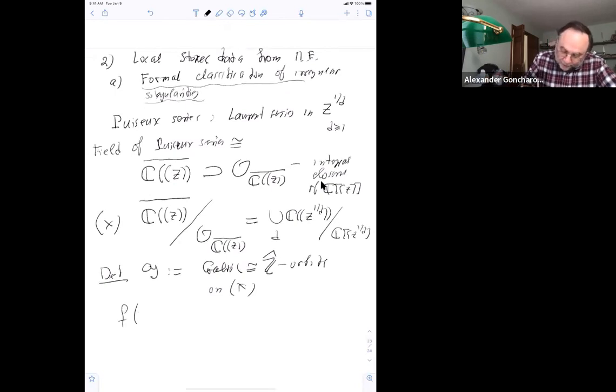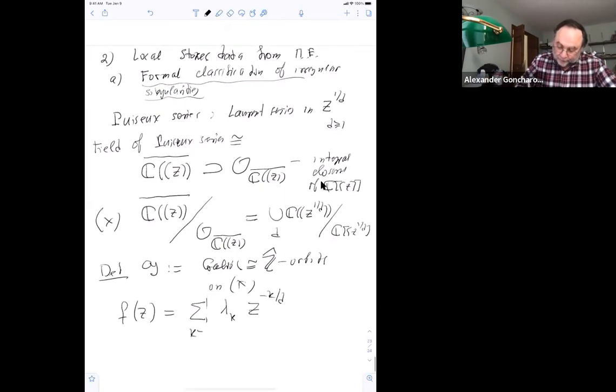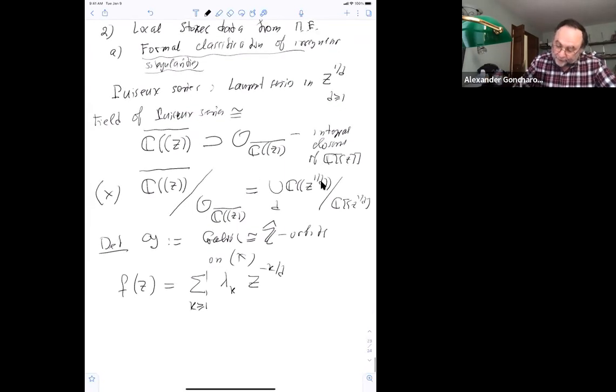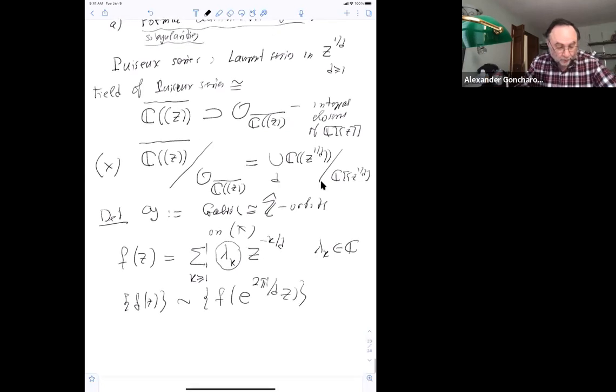And so in coordinates, you can write this Puiseux series in any concrete case as the sum of lambda k z to the minus k divided by D, and the sum over integers. And these lambda k's are any complex numbers. And then we declare that this f of z is equivalent to the one which sits on this Galois orbit, which is just f evaluated at exponent of 2 pi i divided by D multiplied by z. So that's the Galois orbits.